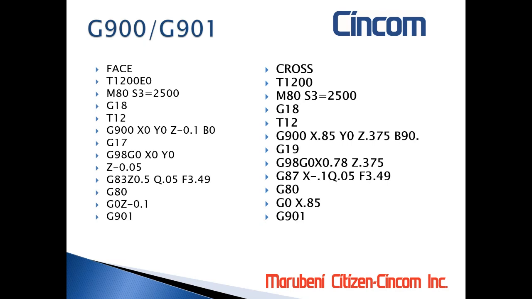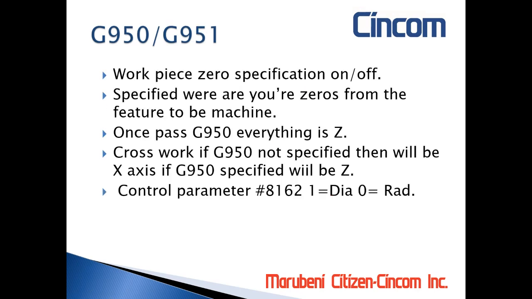You need to do the math. But then in the next one, in combination with G950, it will be easier, and you don't have to calculate anything. It will be more specific. And I will say we're going to start getting into the real world of the beauties of the Citizen codes.